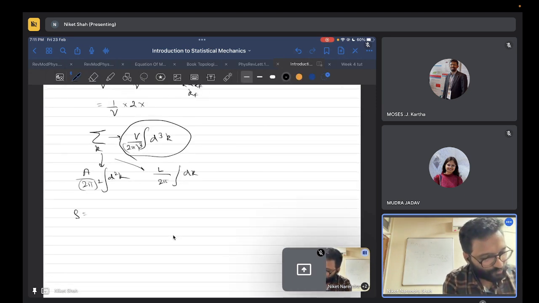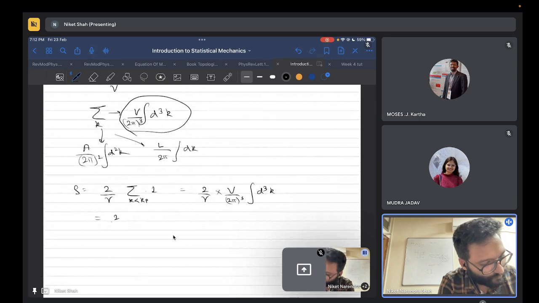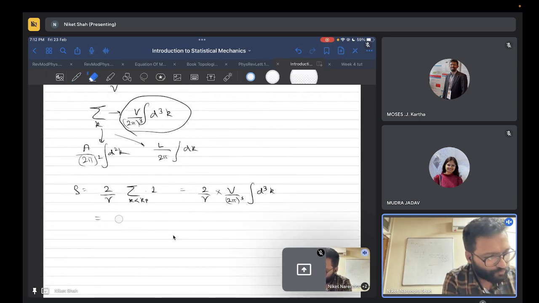So just doing this here, rho is equal to 2 by V sum over k less than kf of 1, which is equal to 2 by V into V divided by 2 pi the whole cube, converting the summation to an integral d cube k, into 1, which is d cube k itself. I don't need to write V anymore.